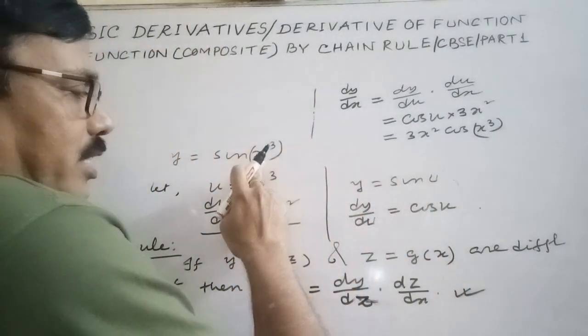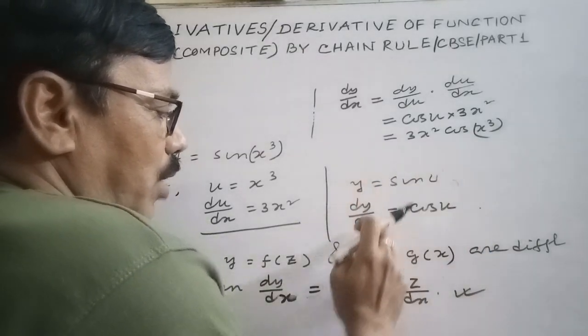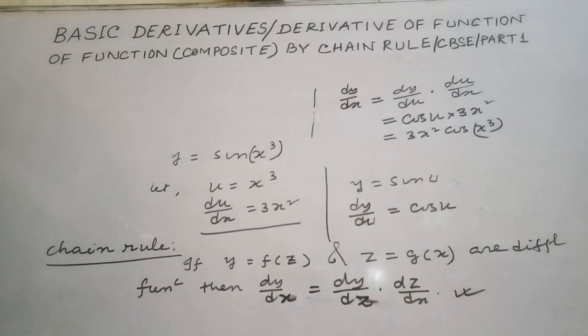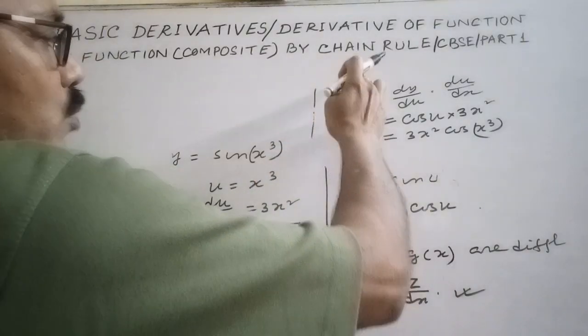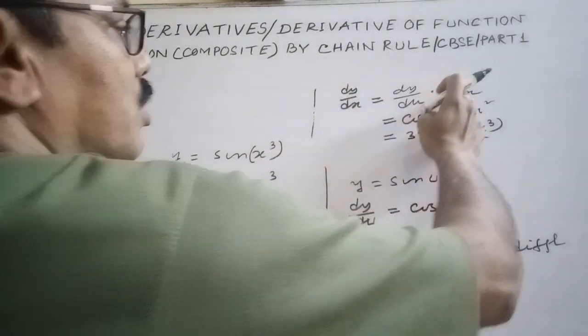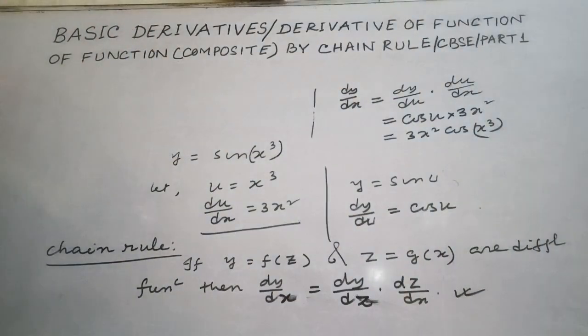Put the value of x cube. Now this is a function of u. So you can find dy by du. Now y is a function of u. So we have to find dy by dx. So dy by du into du by dx. Here z is replaced by u. So 3x square cos x cube.